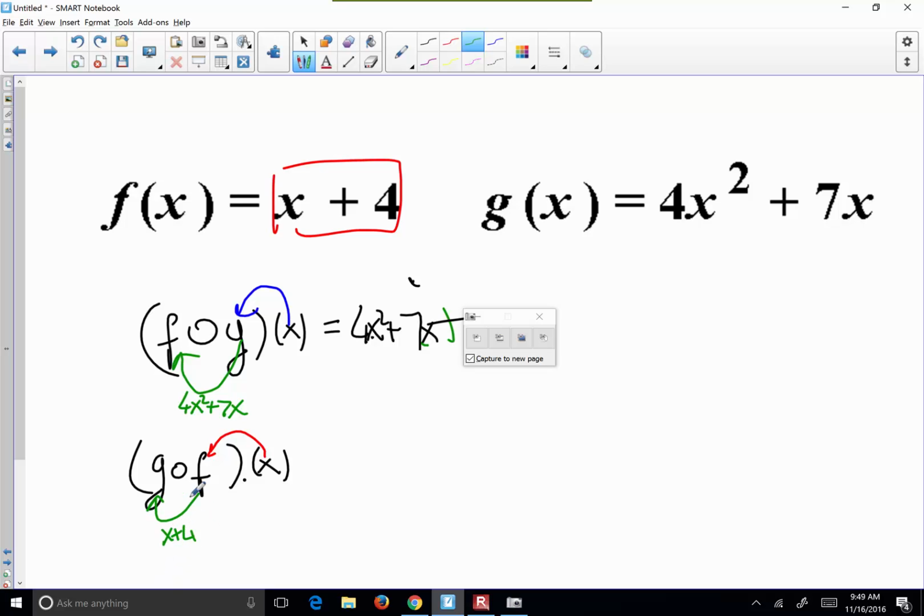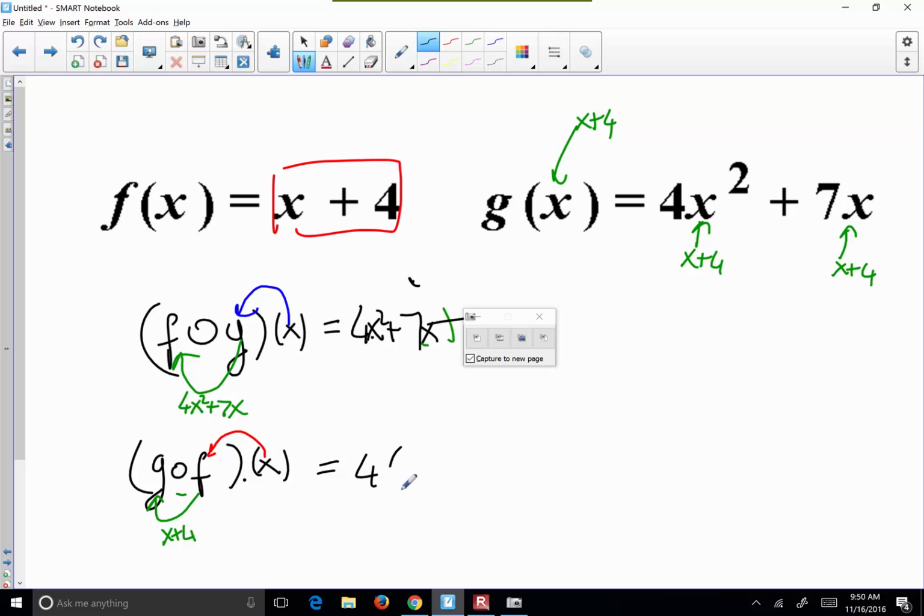X plus 4 is going into G now. So let's do that. Make every x here x plus 4. This is going to be x plus 4. That's going to be x plus 4. Look, f is shooting out x plus 4 after production, and the G machine is taking in x plus 4. That means each and every x will become x plus 4.